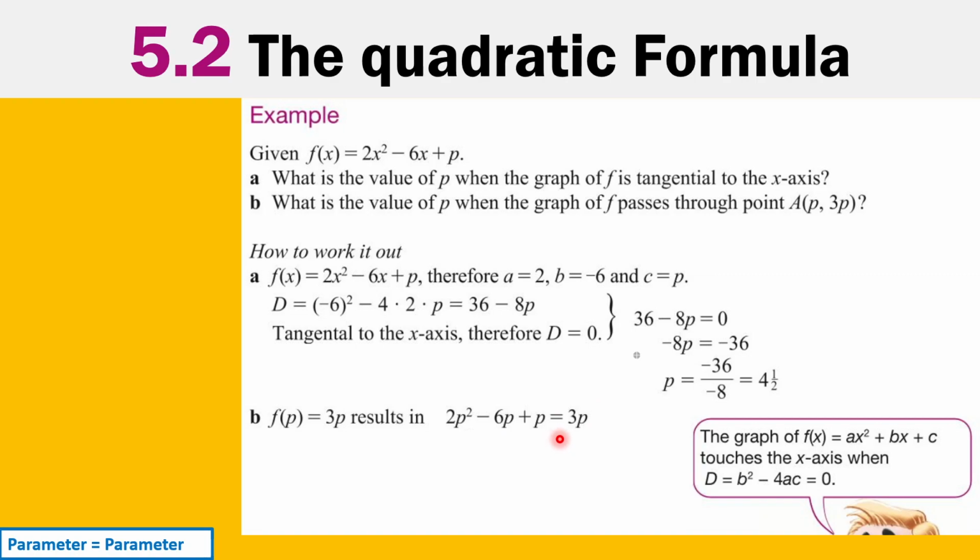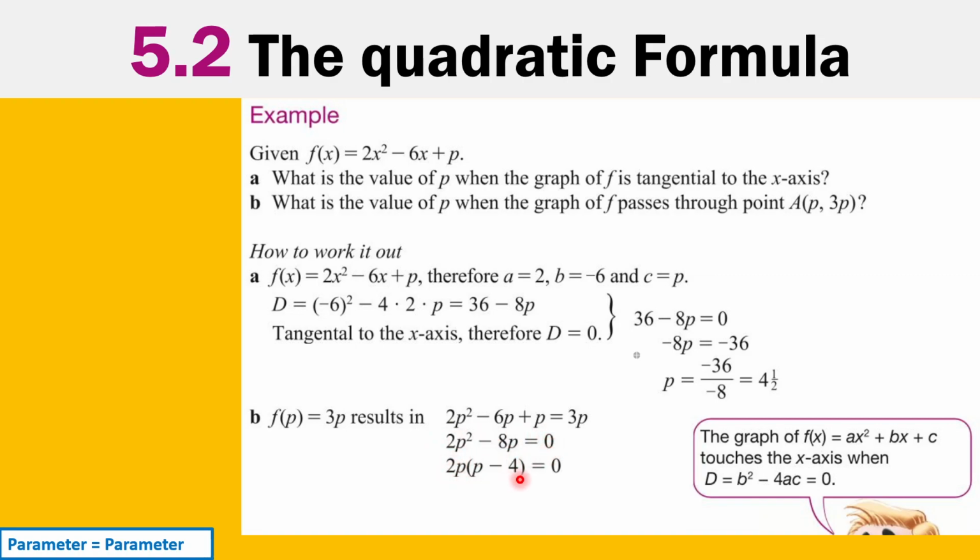And this is a quadratic equation. Let's take a look at whether we can solve this. Of course, first try to get the right-hand side to become 0. And if you do that correctly, remember, minus 6p plus p is minus 5p, minus 3p gives me 2p squared minus 8p. And you can use the quadratic formula here, but I think that takes a lot of time.